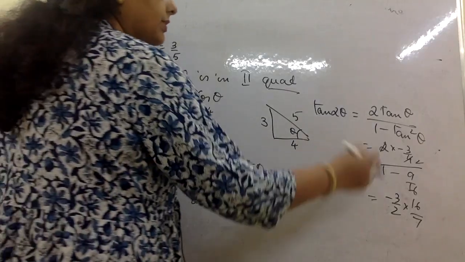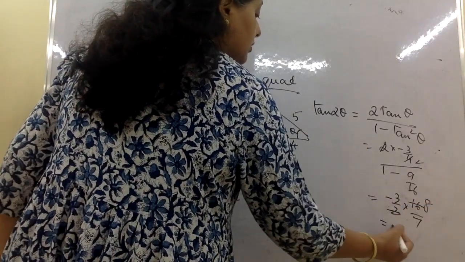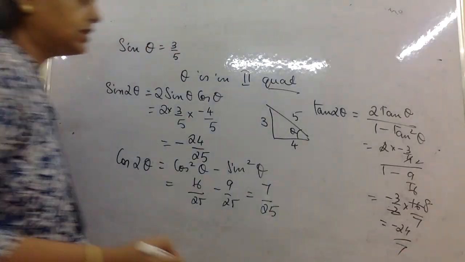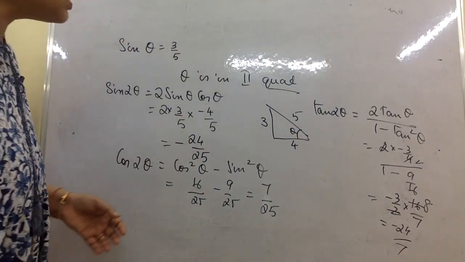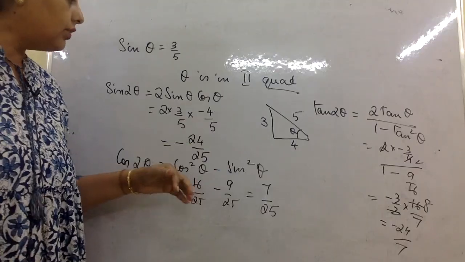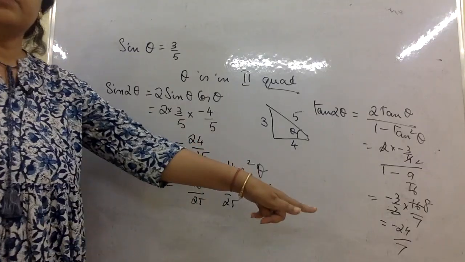The 16 goes up and the 7 comes down, this is 8, minus 24 by 7 is the answer. Now you see, because of the change in quadrant, how this value and the other value changed.